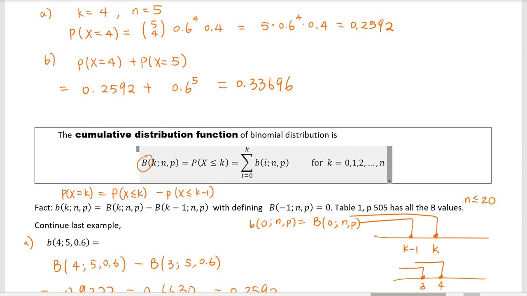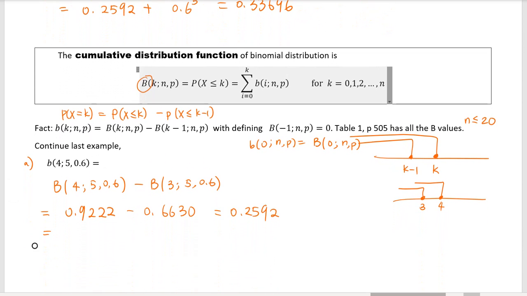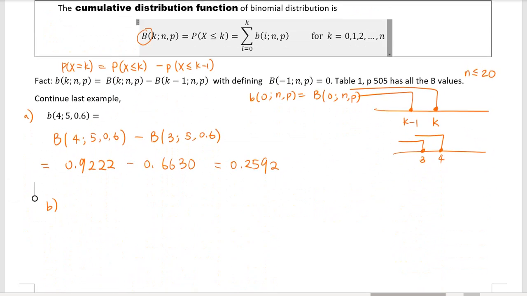Okay, how do we compute part B then? Part B is P of x greater or equal to 4, so at least 4. If we want to use the CDF, because the CDF is less than or equal, we want to change to less than or equal.